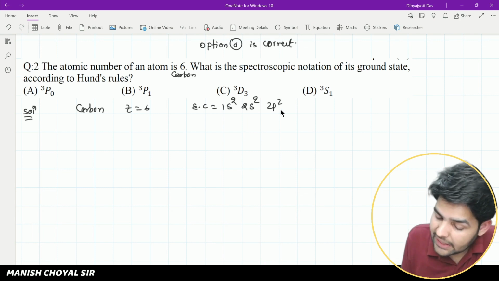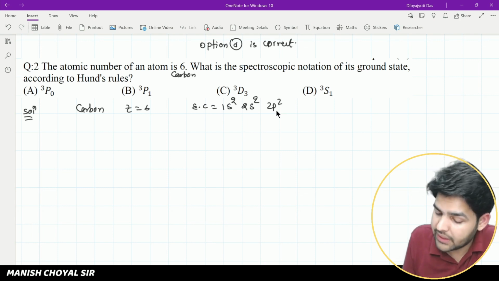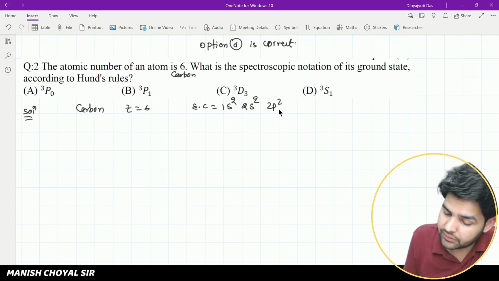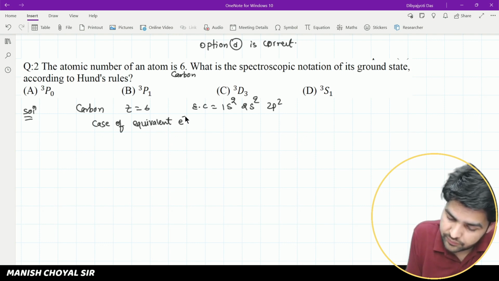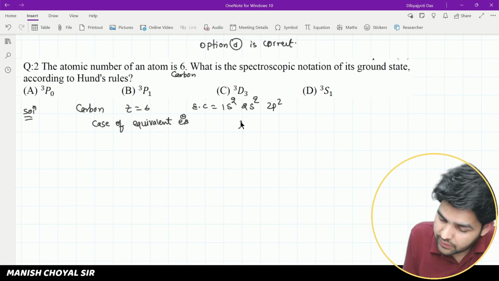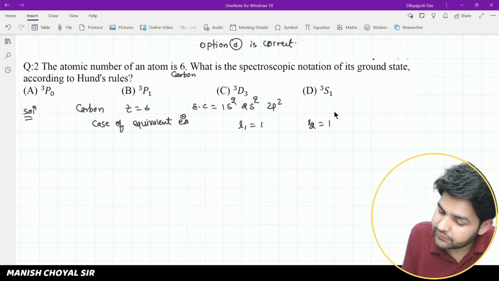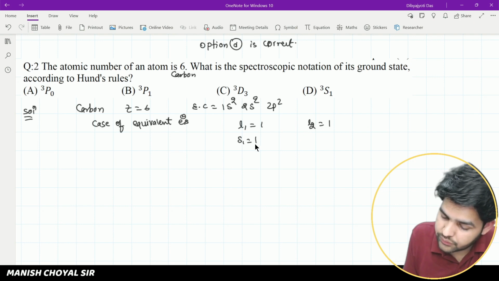So the last two electrons are in the p level. So this is the case of equivalent electrons. So L1 equals 1 and L2 equals 1, which is the same. S1 equals 1 by 2 and S2 equals 1 by 2.